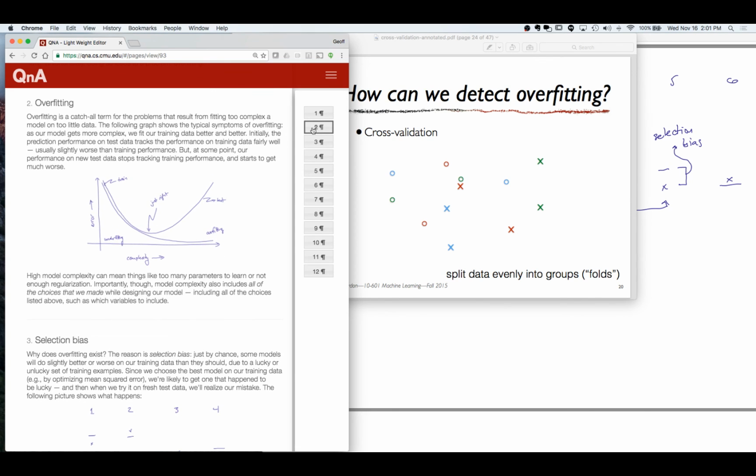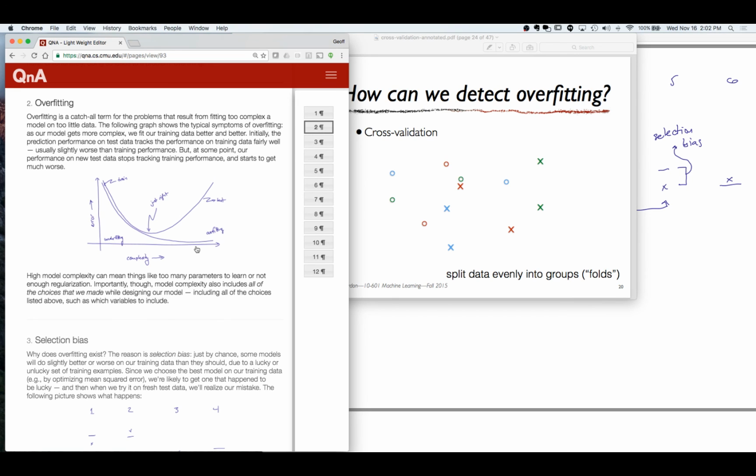Hopefully they're better now. All right, so overfitting is what happens when we try to fit too complicated a model on too little data. And there's this cartoon of what typically happens when we do this. There's a bunch of different measures of model complexity. In general, a complex model is one that's really sensitive to the exact training data that we get, and a simple model is one that is not as sensitive. It's stable with respect to the training set.